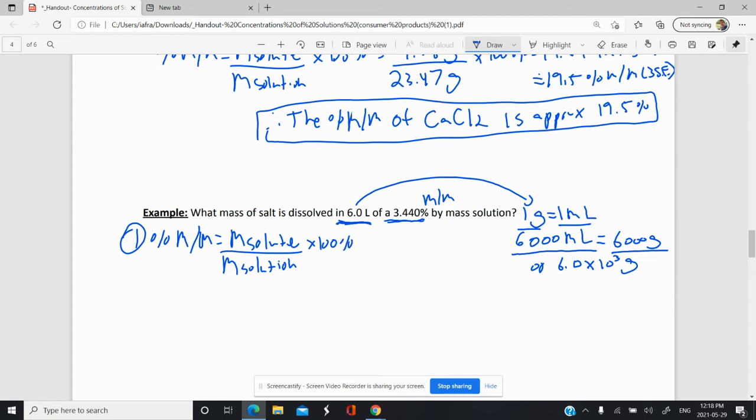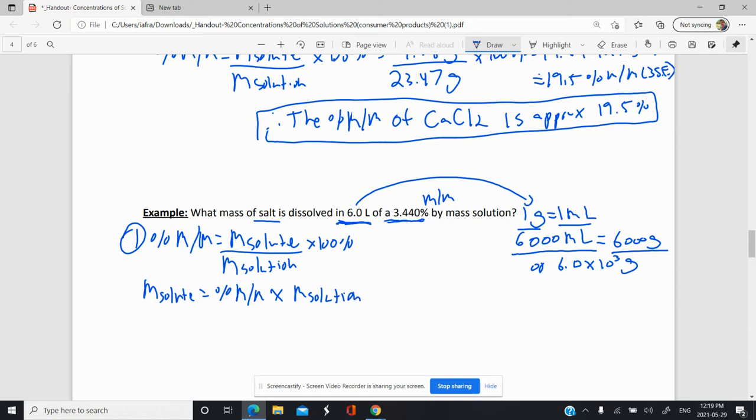So if we want to find the mass of the salt, the solute, we'd have to say that the mass of solute, we rearrange our equation, is going to be equal to the percent mm in decimal form multiplied by the mass of the solution.